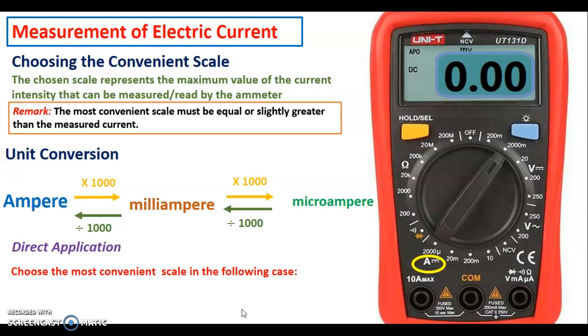Direct application. Choose the most convenient scale in the following case. Measuring a current of intensity 8 ampere. In the above remark, we said that the most convenient scale must be equal or slightly greater than the measured current. So if we have 2000 microampere here as an option, and 20 milliampere, and 200 milliampere, and 10 ampere, as you can see on the multimeter aside.